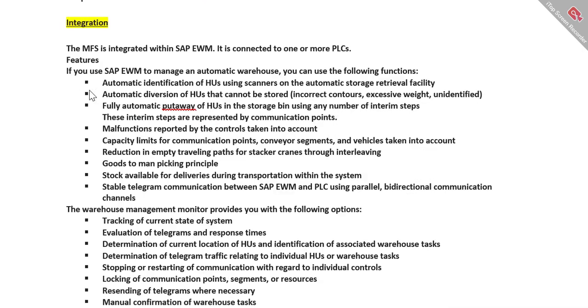So these are very important points. Automatic identification of HUs using a scanner on the automatic storage retrieval facility. Automatic diversion of HUs. Yes, this is a very important point. They cannot be stored, for example if incorrect or excessive weight, everything can be identified. It works like a human brain, similar to the human brain. Not exactly similar, but like an automation, it's smart technology.